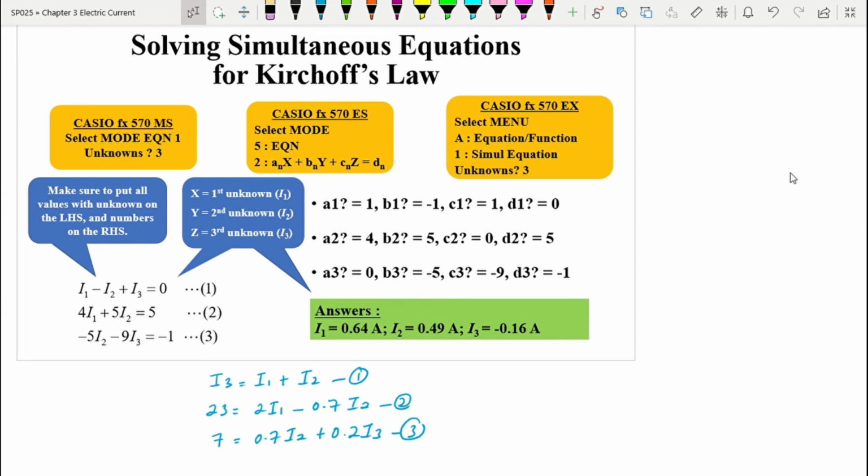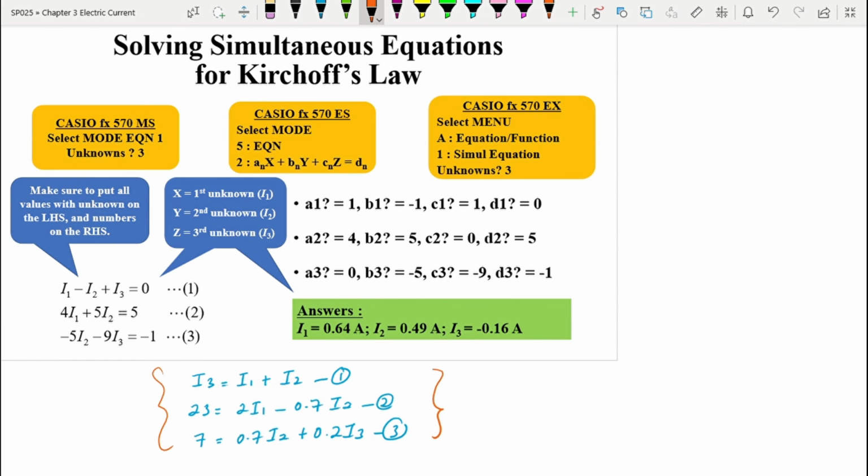Sebab ni adalah step macam mana kita nak gunakan calculator nak solve simultaneous equation. Mungkin korang dah belajar dekat maths, tapi kita just recap balik macam mana nak solve. Okay, so saya dah copy tiga equation kita dalam previous example yang kita dah discuss dalam last example. Okay, so ketiga-tiga equation kita sekarang berada di sini. Okay, first, second and third equation.